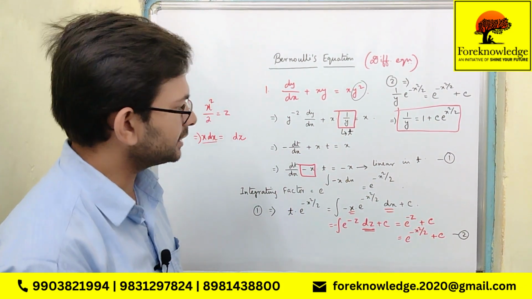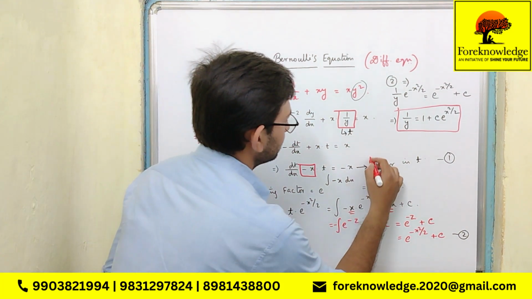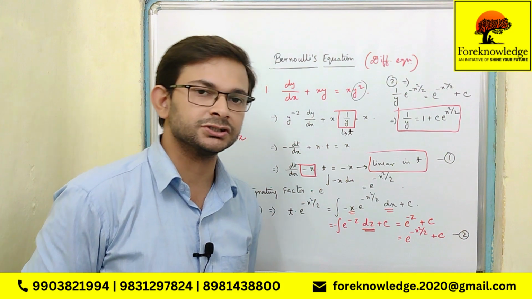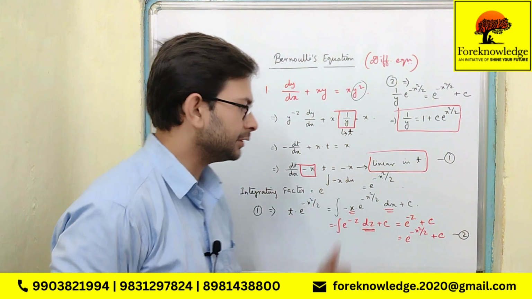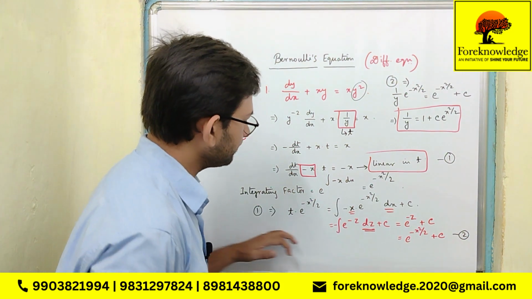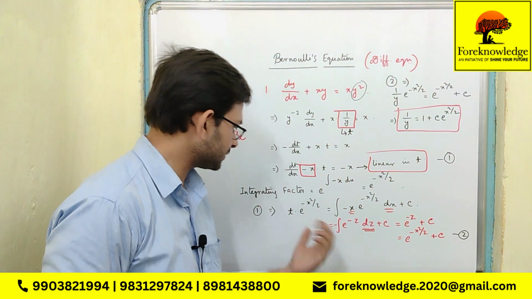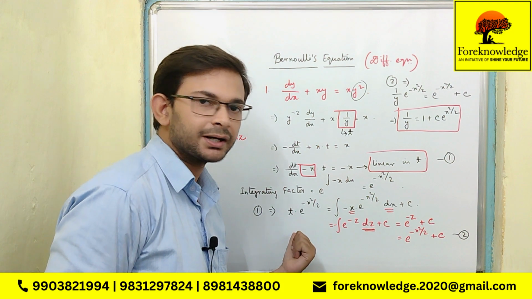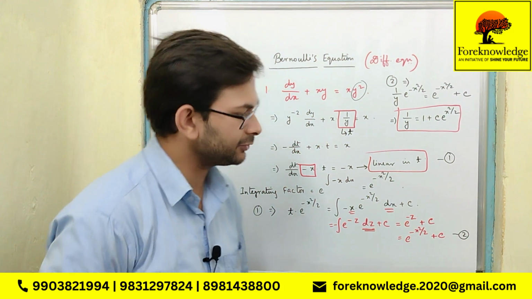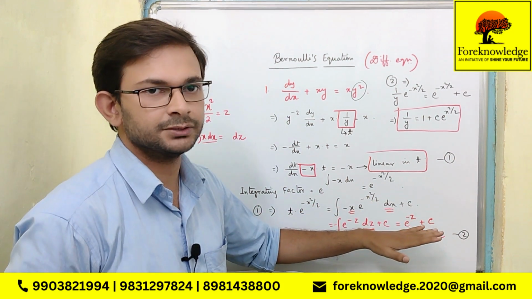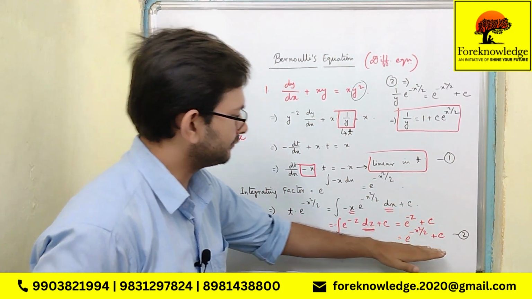This entire equation after the change becomes linear in t, and now we apply the usual procedure. That means first we find out the integrating factor, then we multiply it on both sides. On the left hand side this becomes an exact equation. Then on integration we get t times e to the power minus x square by 2, and on the right side we perform the substitution method and we get the result.